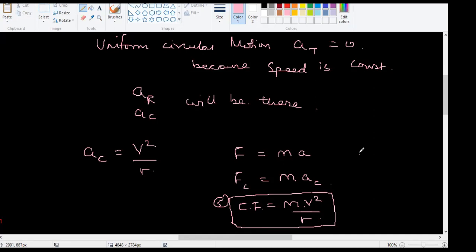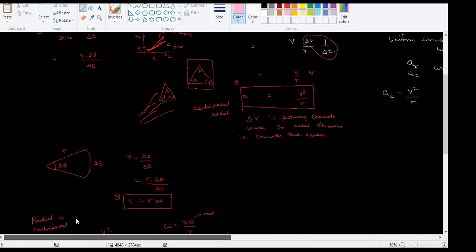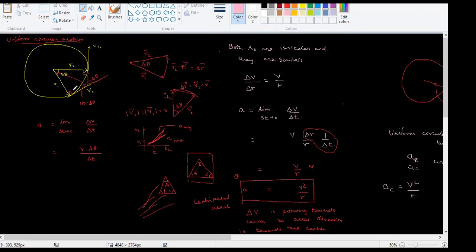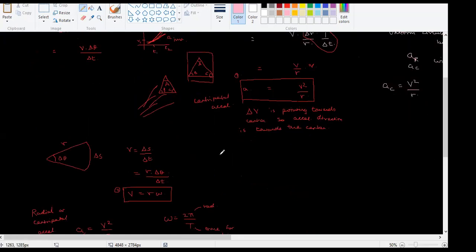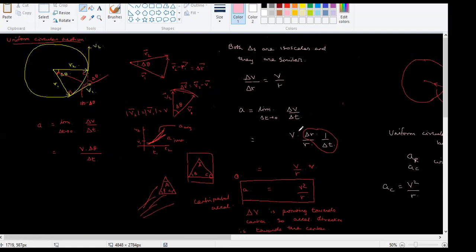That's all. Any questions? All the derivations related to circular motion are very simple, nothing very difficult. Only the first part might look slightly difficult, but it's all just mathematics. If you understand trigonometry, you can understand this. After that, the second, third, fourth derivations are just two steps. Even this is only two steps.